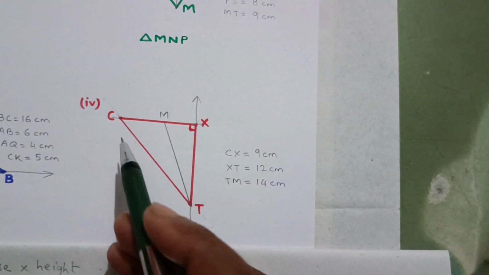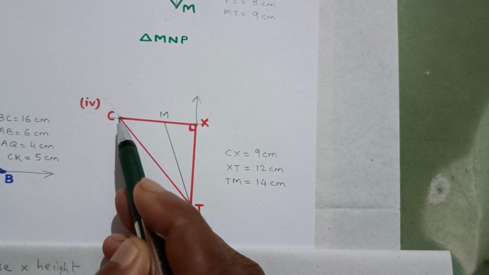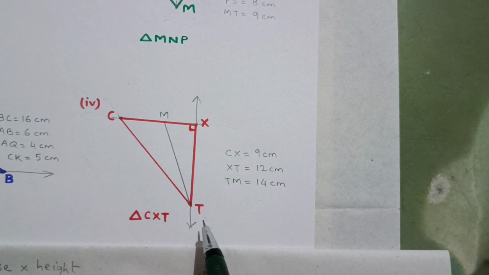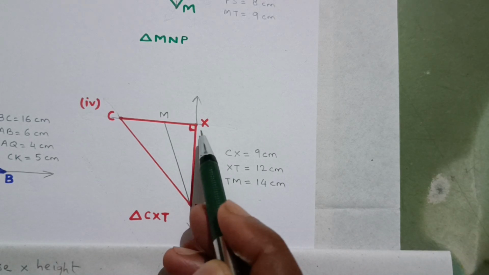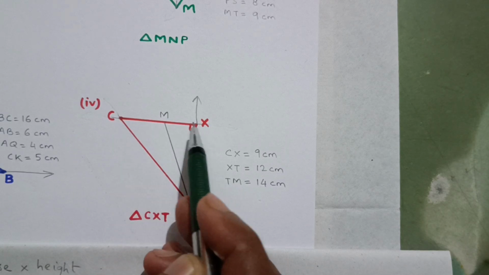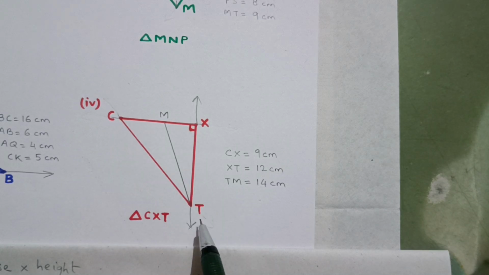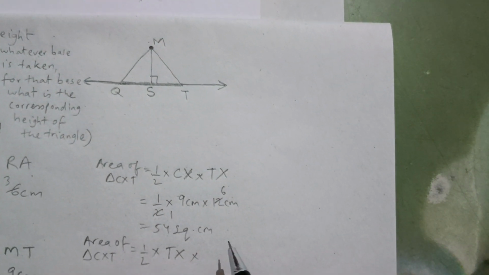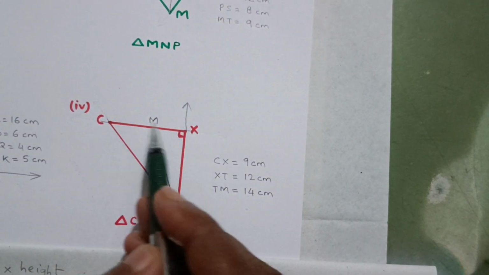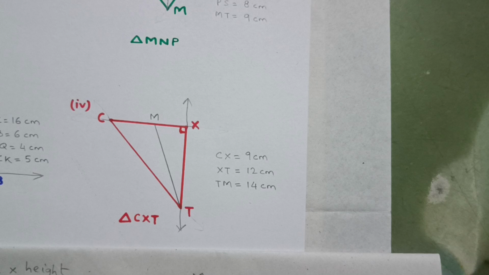So for Tx the opposite vertex is C. So the line segment that starts from C such that it meets Tx at 90 degrees, that line segment is Cx. So Cx is the corresponding height for base Tx.